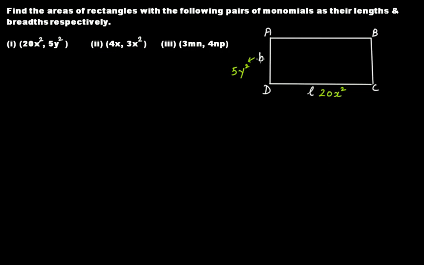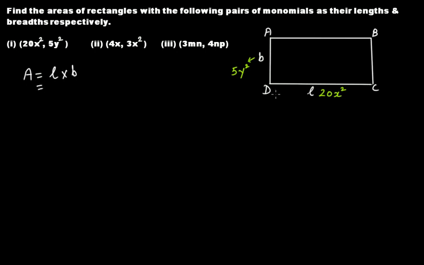The thing is that the length and the breadth are represented using algebraic expressions. Okay, so what's the formula of area of a rectangle? Area of rectangle is length multiplied by breadth.